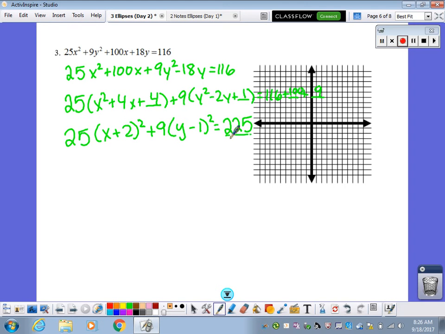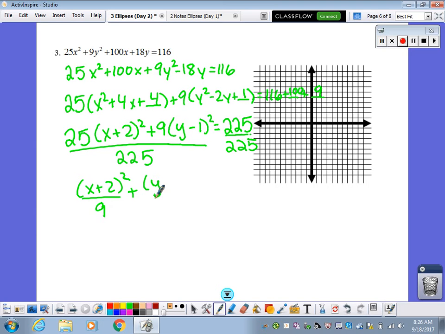Now we can divide both sides by 225. 25 divided by 225 is 9, so x plus 2 squared divided by 9 plus y minus 1 squared, 225 divided by 9 is going to be 25, and this is equal to 1.